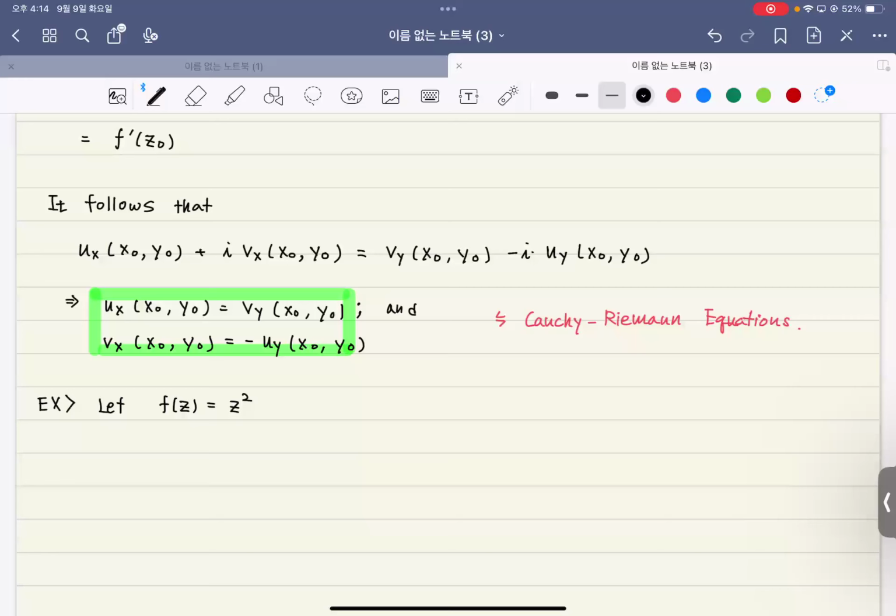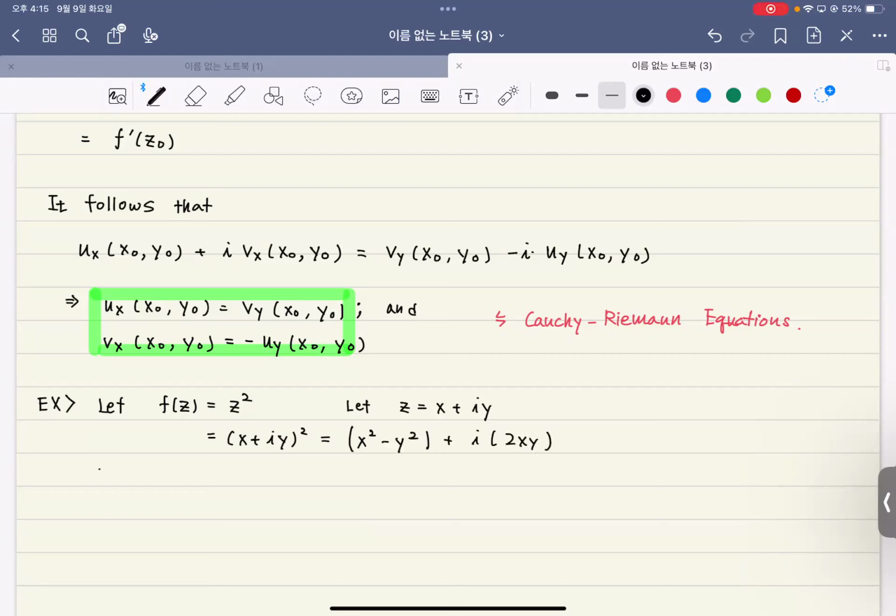Let me consider one of the easiest kinds of functions, which is z squared. If we consider z to be x plus i times y, then this is (x plus iy) squared. So this is x squared minus y squared plus i times 2xy, right?